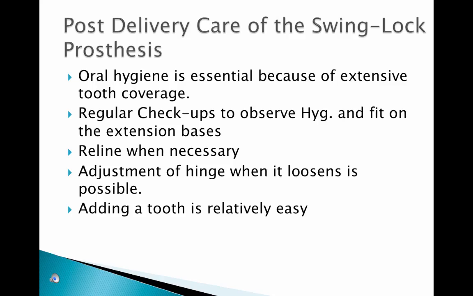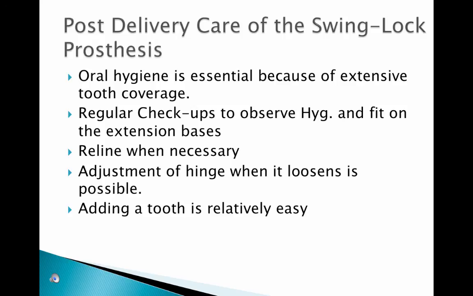There are definitely some things to think about as far as post-delivery care for the swing lock prosthesis. First of all, oral hygiene is essential because of the extensive amount of metal that is touching the teeth on both sides. Metal doesn't necessarily cause any damage, but if the patient doesn't take care of those teeth that are under all of that metal, then you're going to foresee a possible problem later down the road.